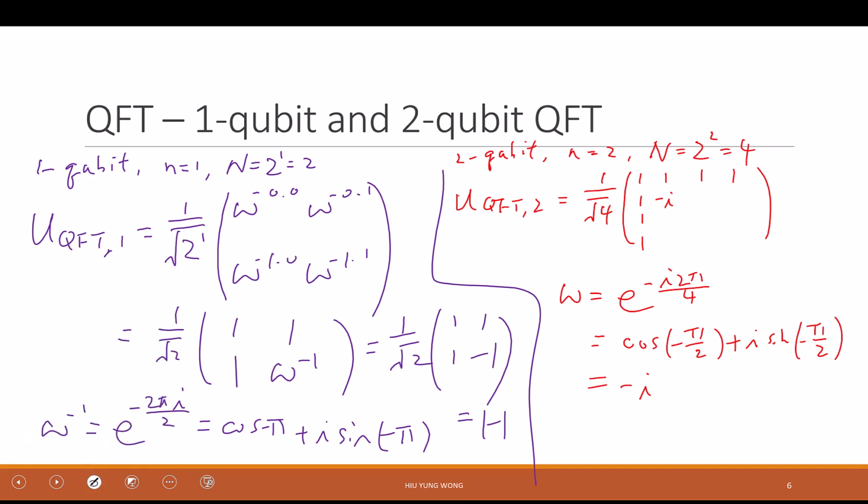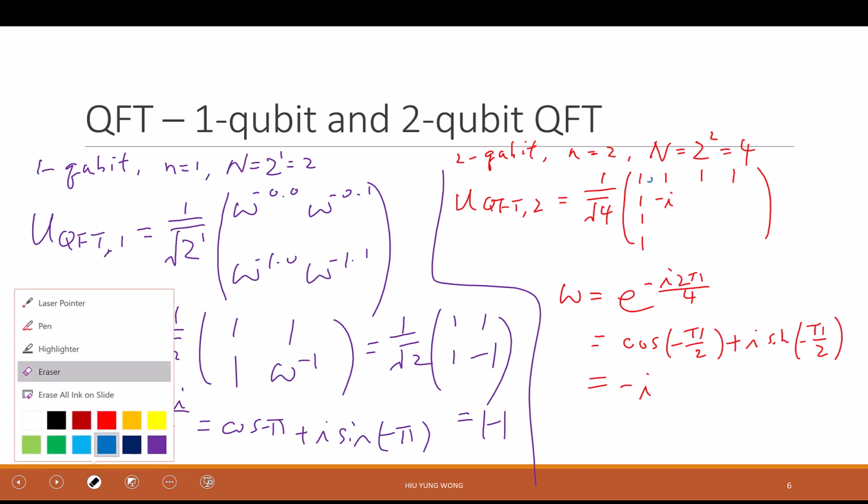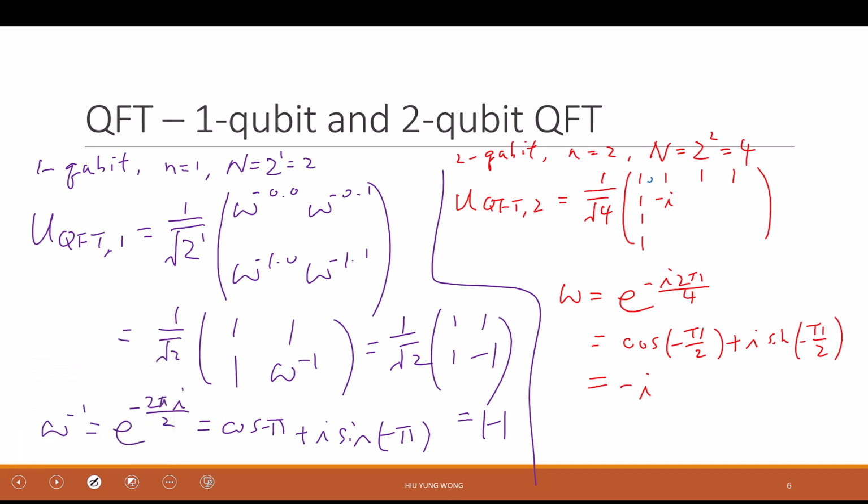Are you going down? No, going right. Negative i times negative i is minus 1, right? And then multiply negative i again. Plus i, yes. Let me check. Yes, plus i, right? So I'm done with this row.